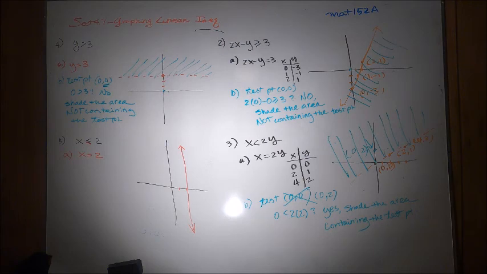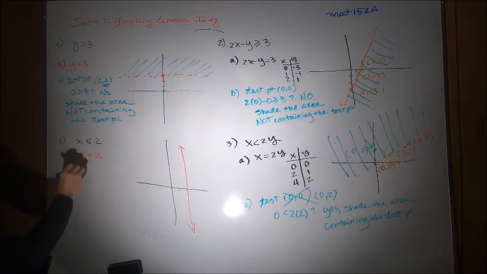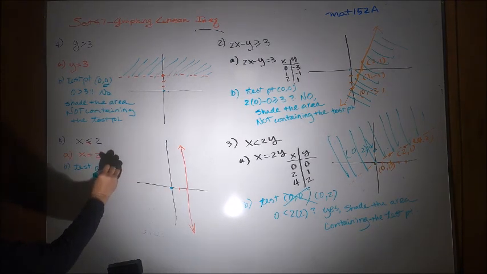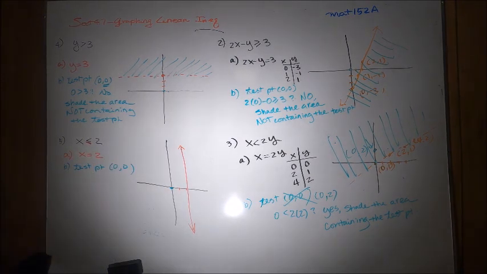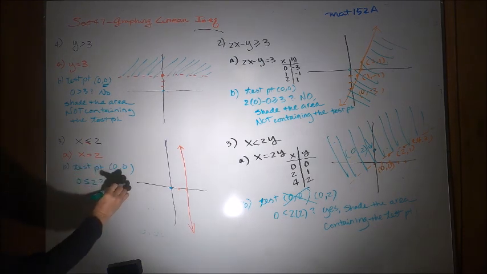Then, next one, find a test point. Which one looks easy? How about this one? Right? Does that work? So test the original for x. X is 0, so is 0 less than or equal to 2? Yes.